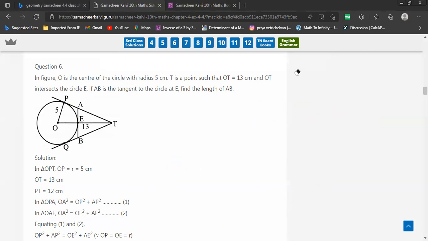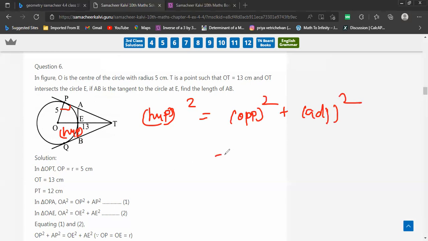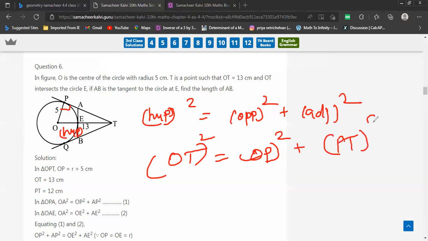I wrote the theorem wrong. So you have 90 degree over here, which means this OT is going to be your hypotenuse. So you have the Pythagoras theorem. Hypotenuse the whole square is equal to opposite square plus adjacent square. Hypotenuse is OT square. So it is OP square plus PT square.